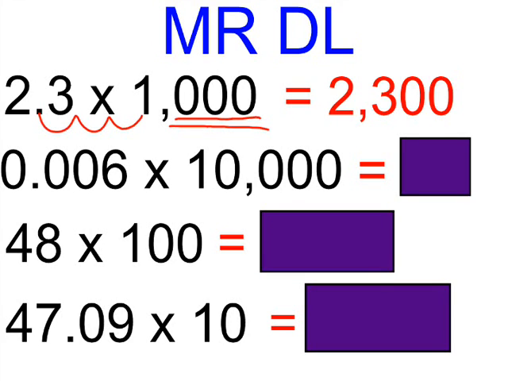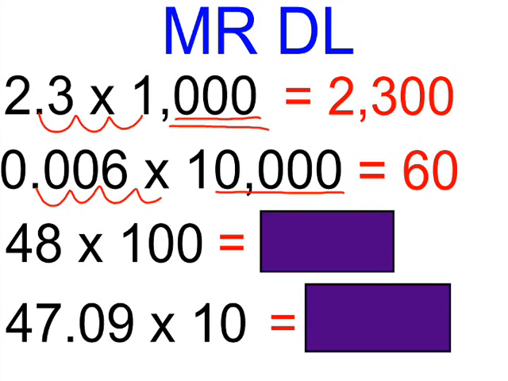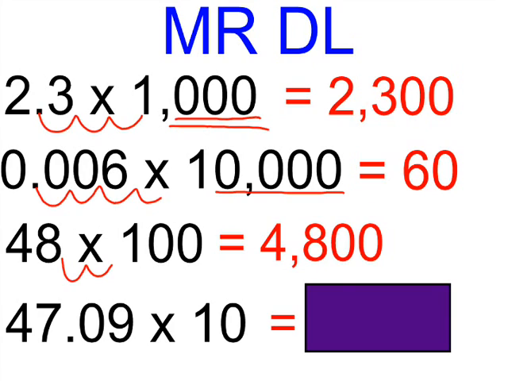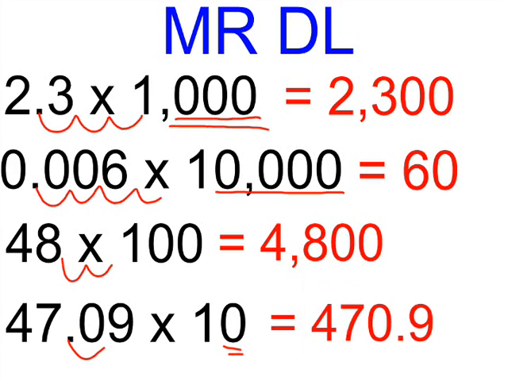If you were multiplying 6 thousandths times 10,000, there are 4 zeros here, so you would move the decimal 4 to the right. That would be 60. If you were multiplying 48 times 100, you would move it 2 spots to the right. That'd be 4,800. And if you were multiplying 47 and 900ths times 10, there's 1 zero. You would move the decimal 1 to the right.